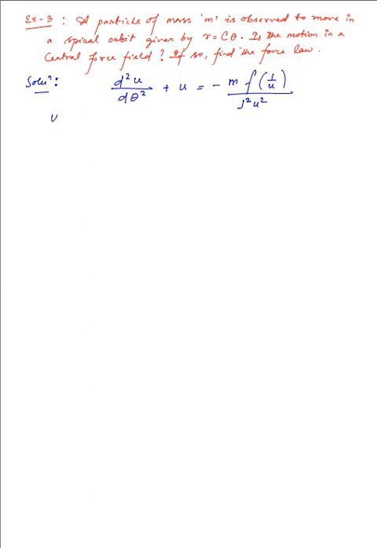So u is 1 over r, and r is equal to c times theta, which has been provided. So what we get to know is u will be equal to 1 over c theta.